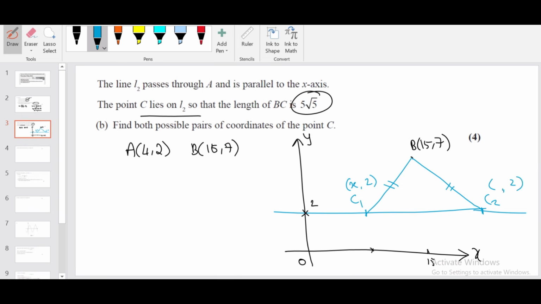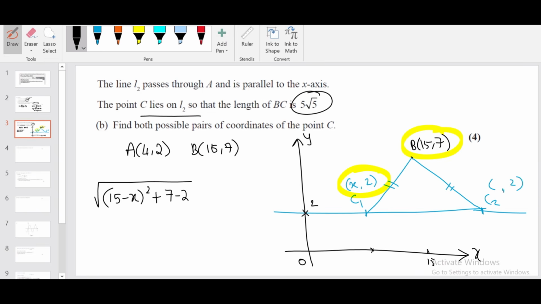Now using these 2 points, let's find the distance between them using the distance formula: square root of x2 minus x1 whole square plus y2 minus y1 whole square is equal to the distance given in the question.